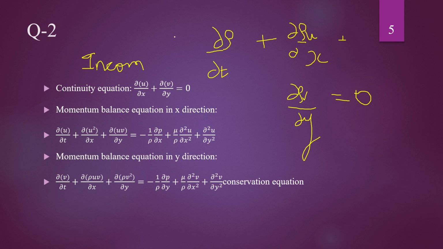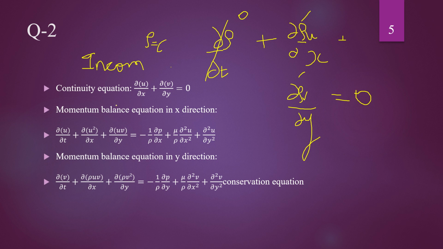Since in incompressible flows ρ is a constant, the first term becomes 0, and the ρ we can take out, so this term remains.